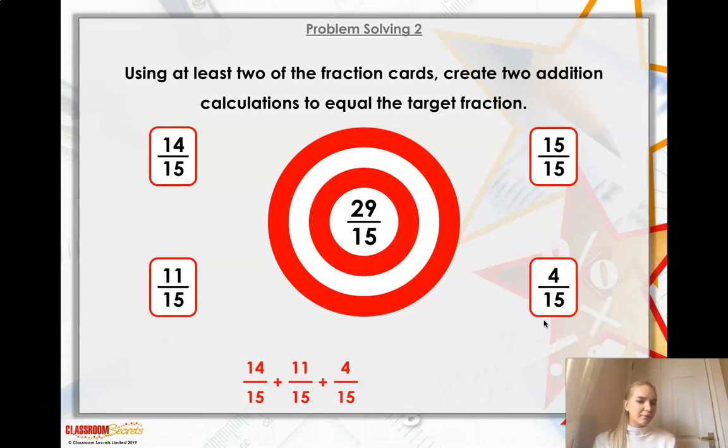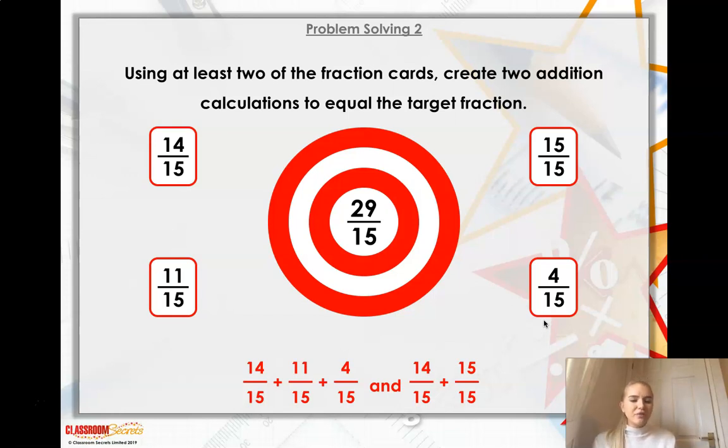Are there any others? Shall we have a look? What about 14/15 add 15/15? What would that equal? Well, I know that 14 add 10 is 24, and 24 add 5 is 29. So 14/15 add 15/15 could also be, and is, 29/15.